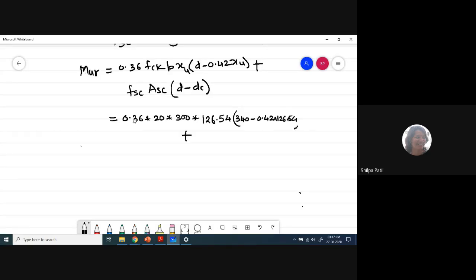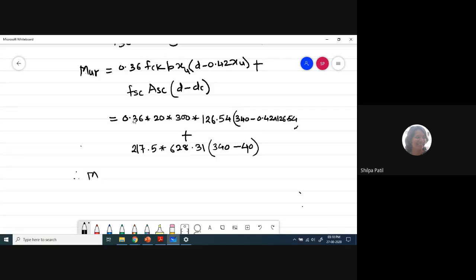Plus FSC value, it is 0.87 FY, so 217.5, into ASC, 628.31, into bracket D is 340 minus DC is 40.